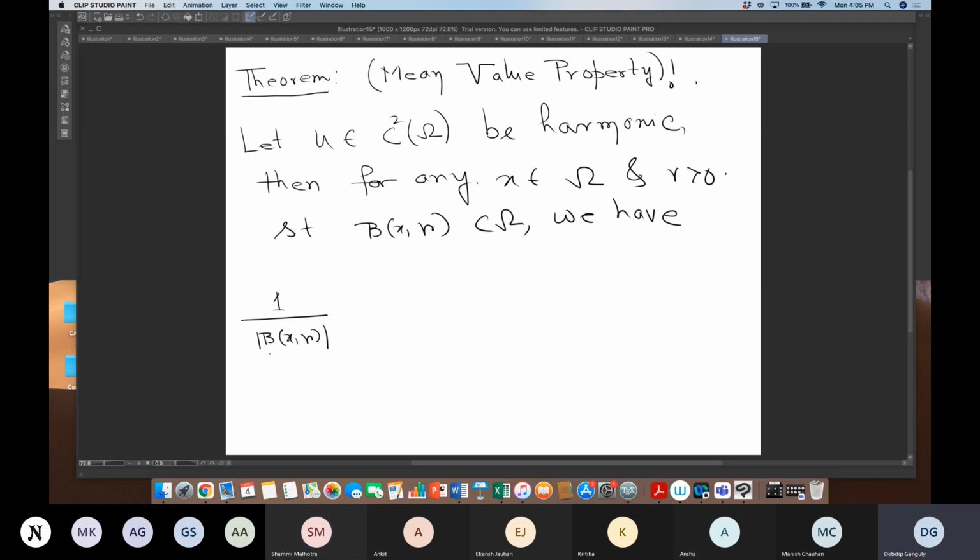Omega is an open set in Rn. This is nothing but the integral over the boundary of the ball, del B(x,r), with respect to sigma. You know what sigma is? What is sigma?